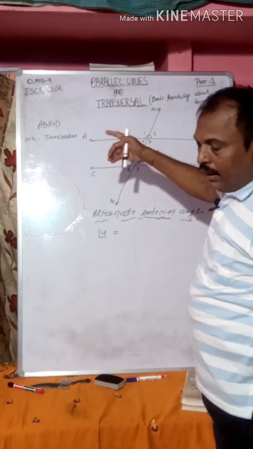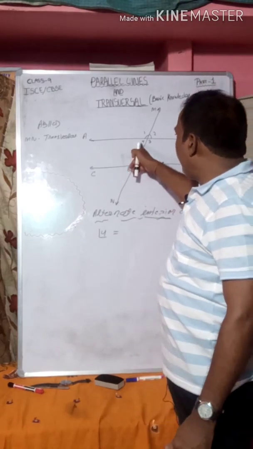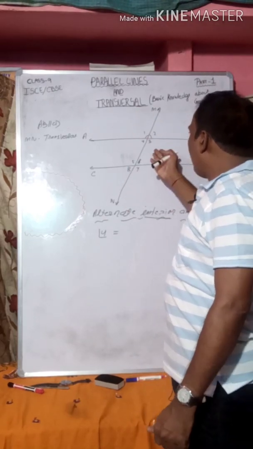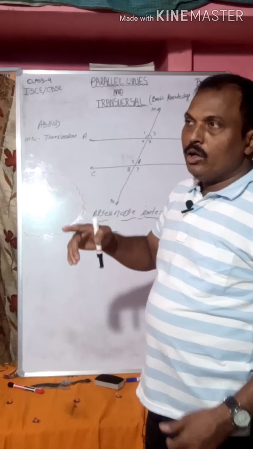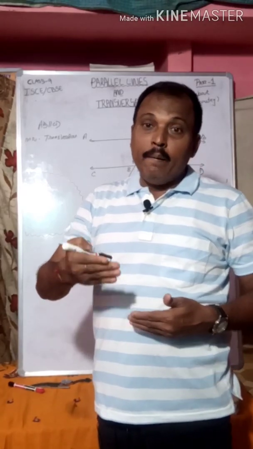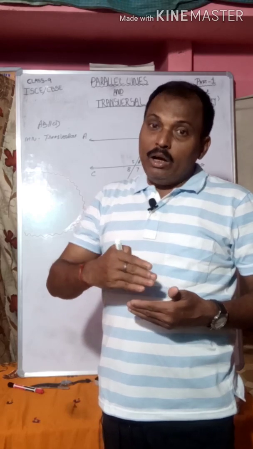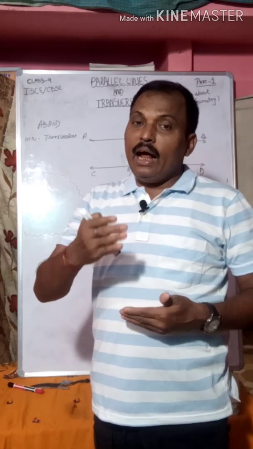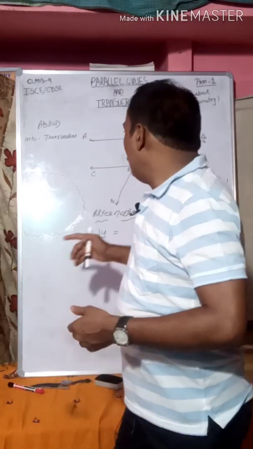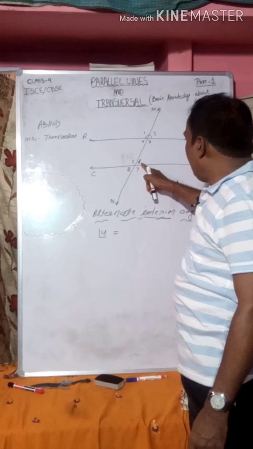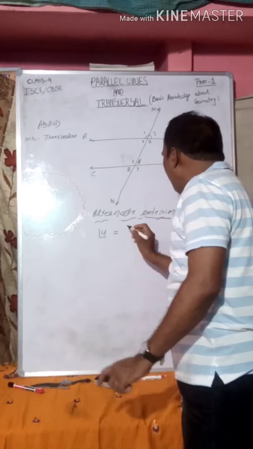The 4 is the angle on the left side of the transversal in the internal case, but on the right side of the transversal, that is 3 and 6, which is the alternate interior angle. So which angle is on the alternate side? The angle on the alternate side that is not the adjacent angle. So 4 and 6, 2 angles are on alternate sides of the transversal.